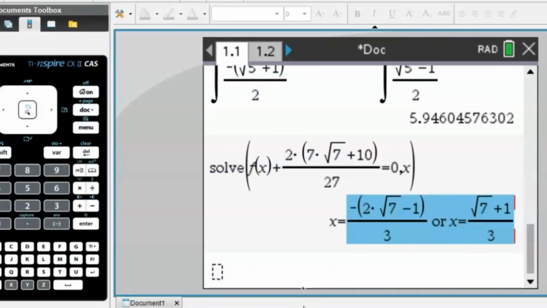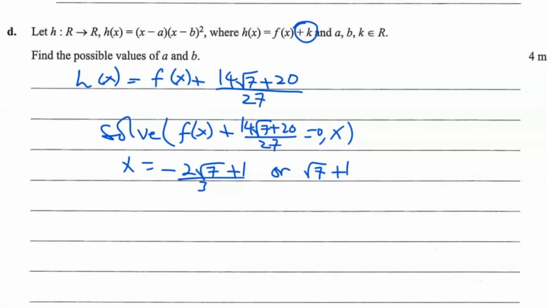Negative 2, so the negative plus a, so that's going to be that, over 3. So therefore, my a value has to be negative 2. So you multiply that by a negative.